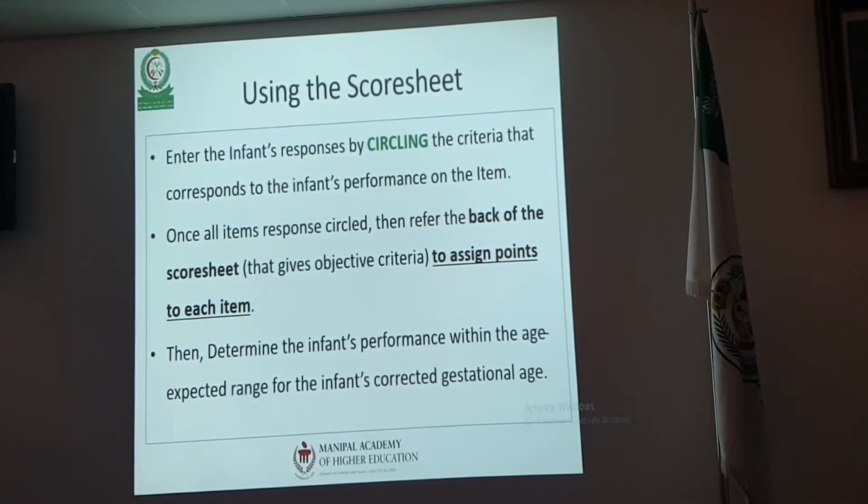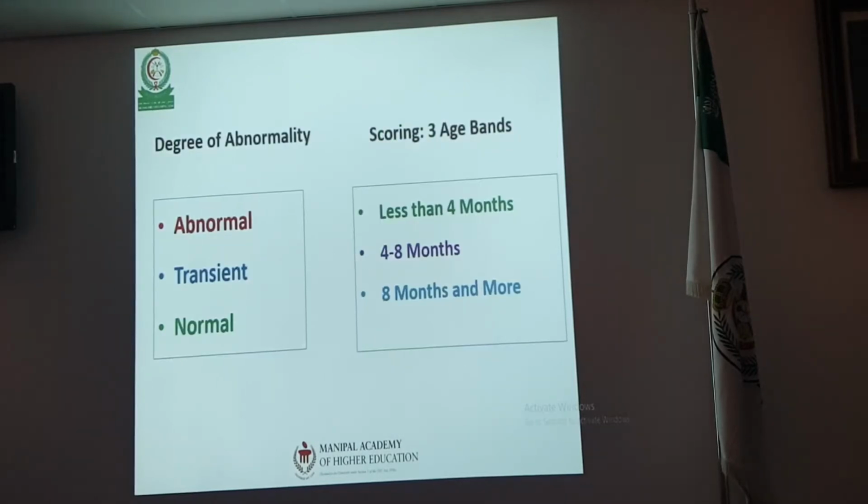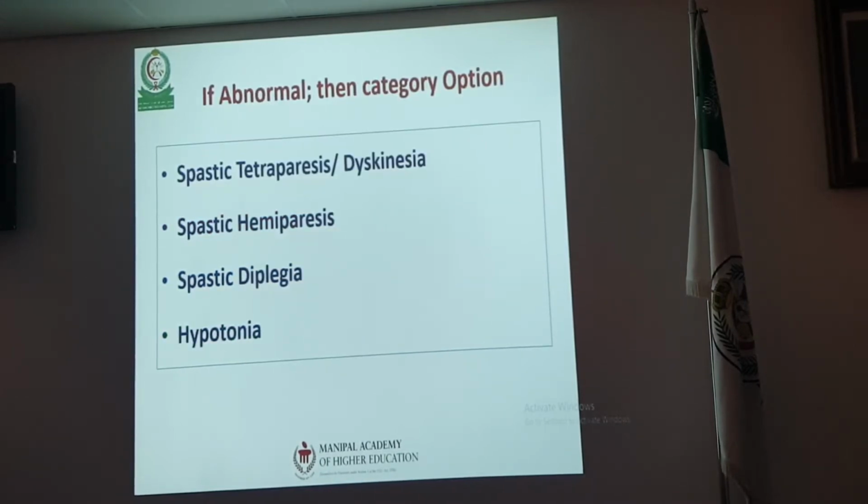You get the total score, you categorize the child: degree of abnormality, transient, or normal. You will get three age bands: less than 4 months, 4 to 8 months, 8 months and more. Down below you see category of abnormality.